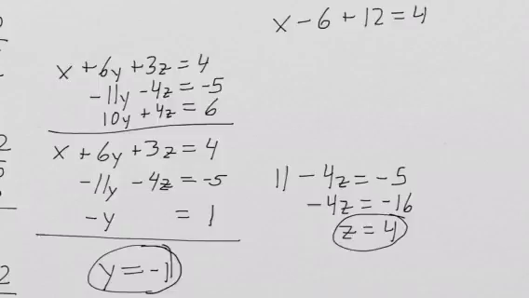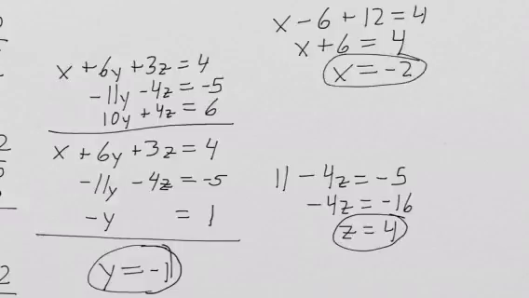So simplifying that, I get x plus 6 equals 4. I subtract 6 from both sides, I get x equals -2. So I would state that my solution to this system of equations is the point (-2, -1, 4).